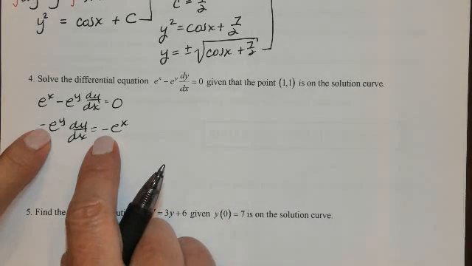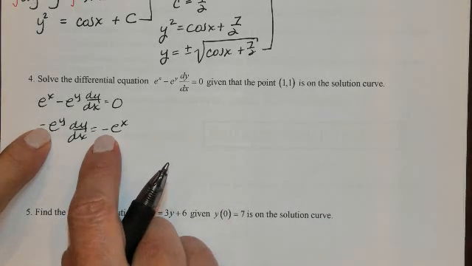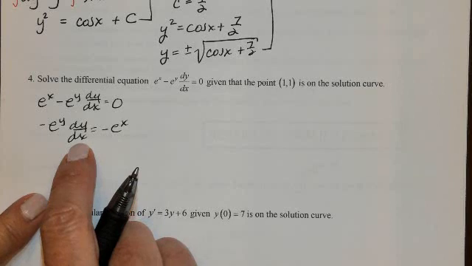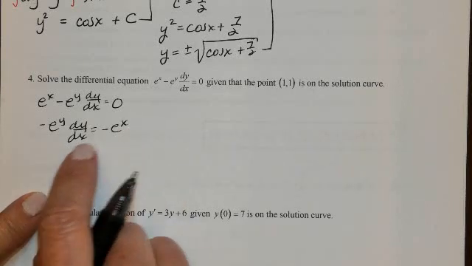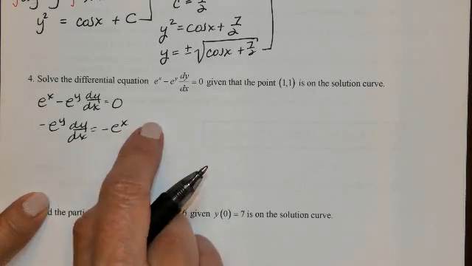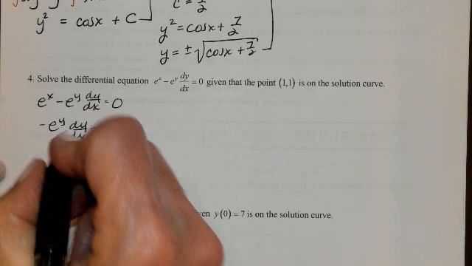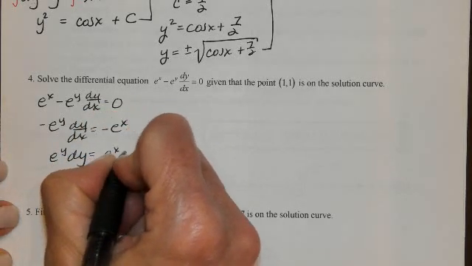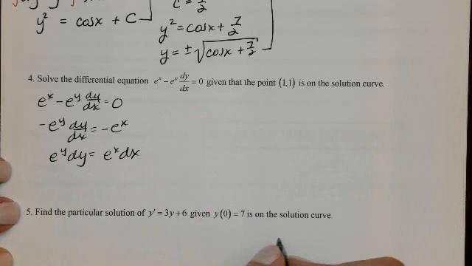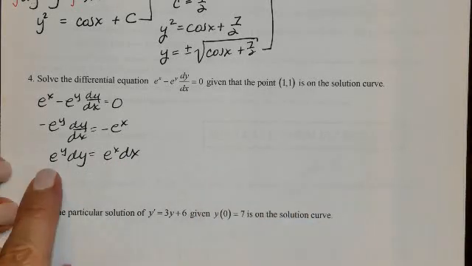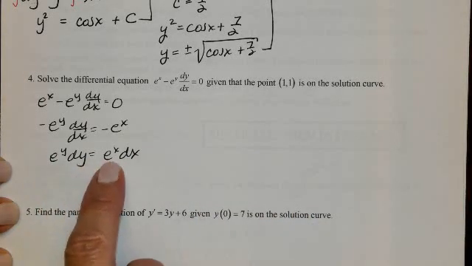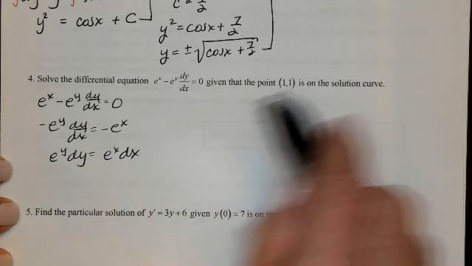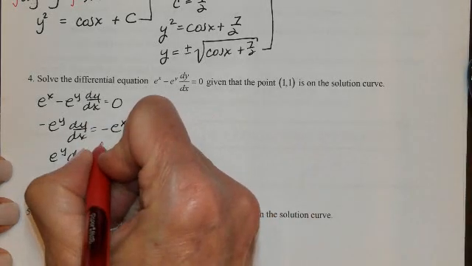Since they're both negative, I'm going to multiply both sides by a negative 1 in my next step. And I'm also going to multiply both sides by dx, right? So I'm going to have e to the y dy is equal to e to the x dx. Function of y times dy. Function of x times dx. Time to integrate.